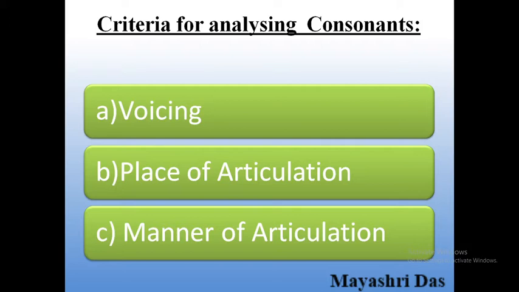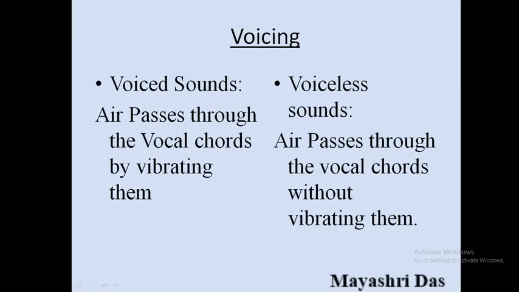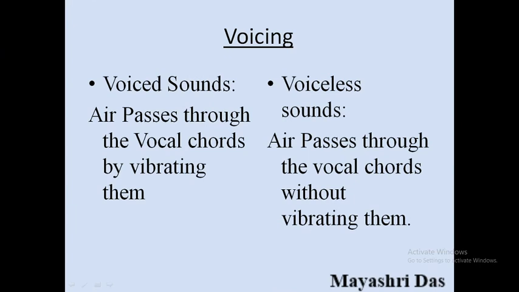If the sound is produced with the vibration of the vocal cords, it is known as a voiced sound, and if it is produced without any vibration or resonance of the vocal cords, it is known as a voiceless sound. In voiced sounds, air passes through the vocal cords by vibrating them, and in voiceless sounds, air passes through the vocal cords without vibrating them.